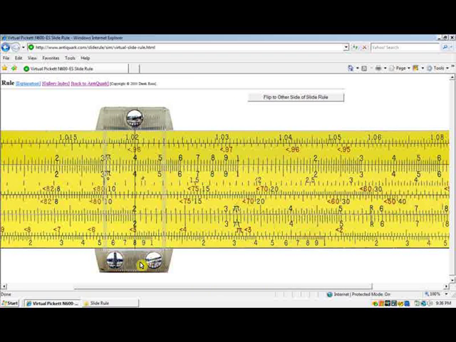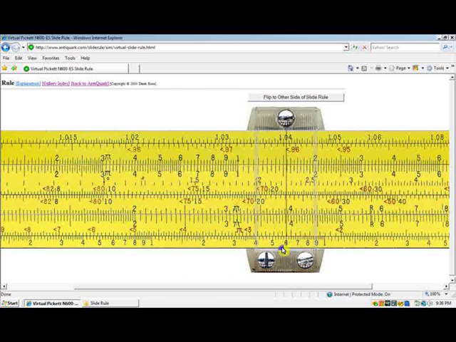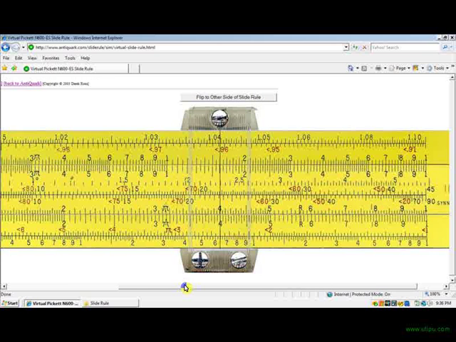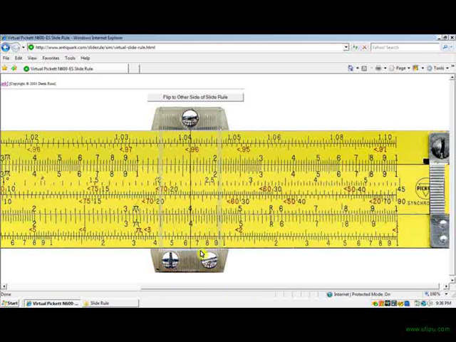Right, if I want something like the cube root of 64, go get my 64 right here. Here's 6, there's 4. Read up here, and there's my number 4. And that's how you can use the K-scale.